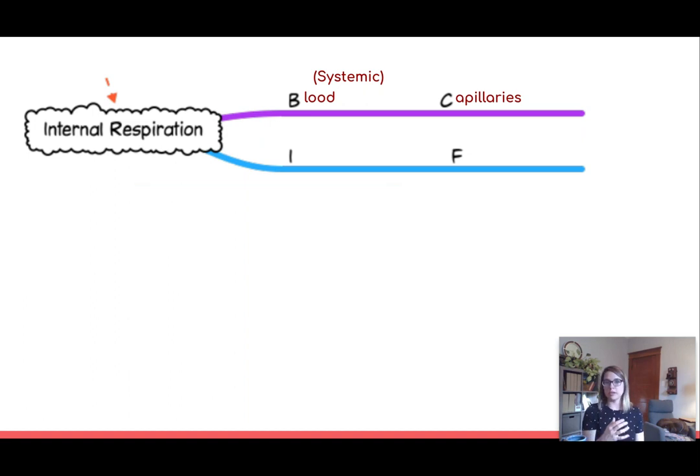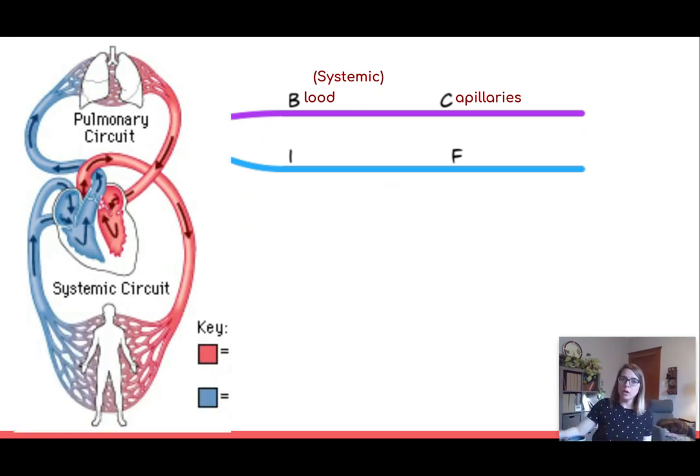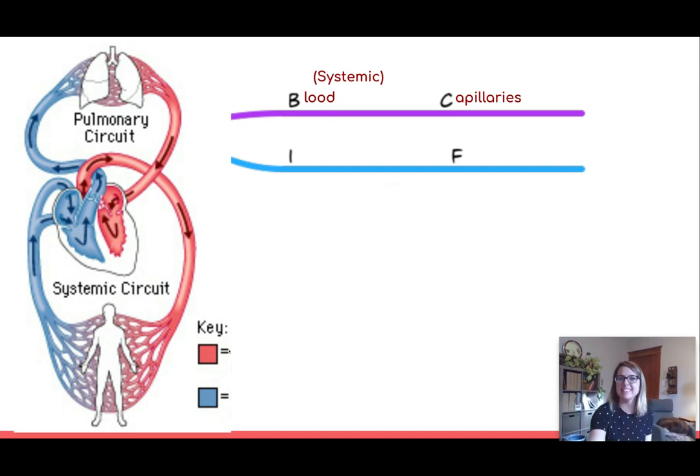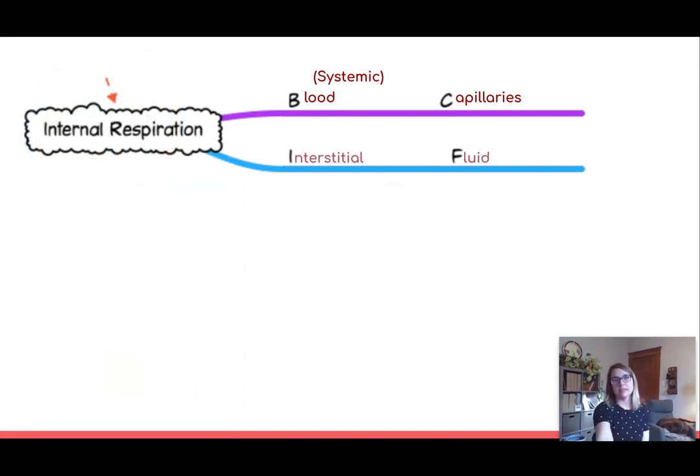This is internal respiration, when oxygen moves from the blood capillaries of my systemic system. So that area, wherever it is in the body, my big toe, my brain, my elbow, who knows, it's going to drop off the oxygen and pick up the carbon dioxide at the systemic blood capillaries.